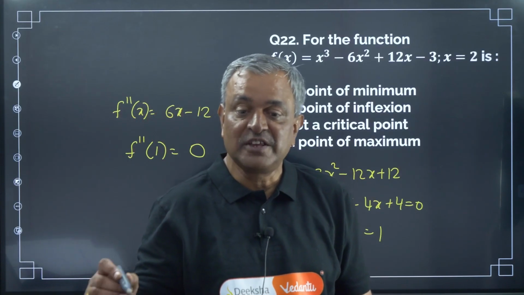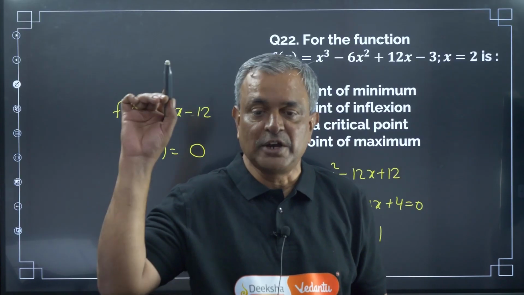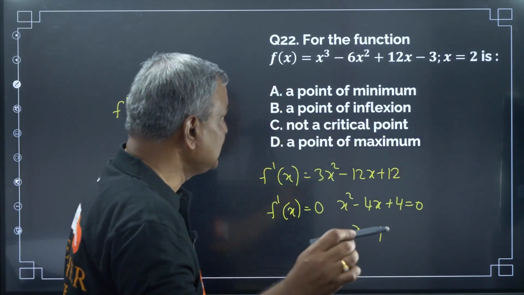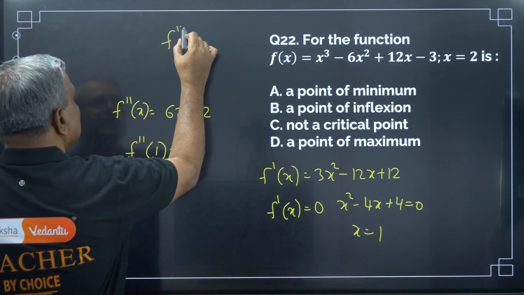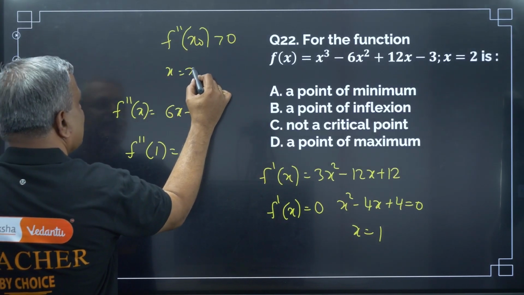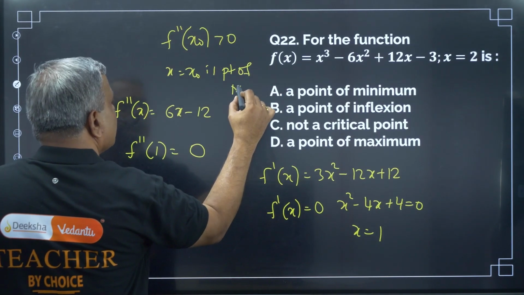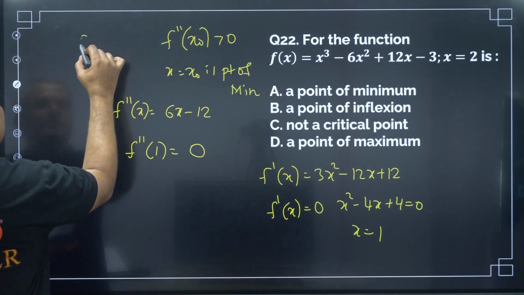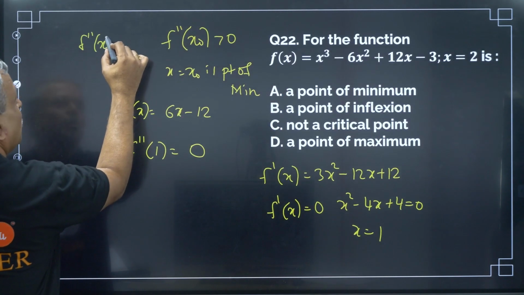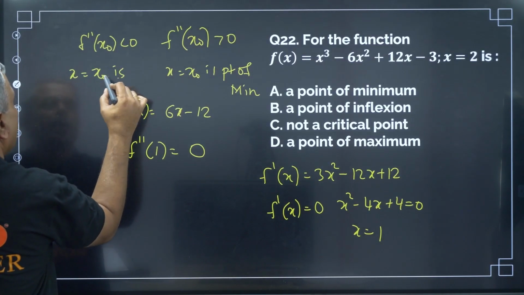If f double dash x is greater than 0 at a specific point, that is called a point of minima. If f double dash x0 is greater than 0, x equal to x0 is a point of minima, and if f double dash x0 is less than 0, then x equal to x0 is a point of maxima.